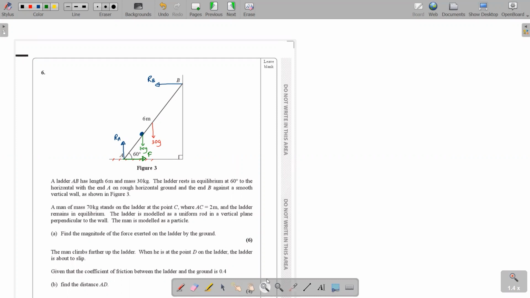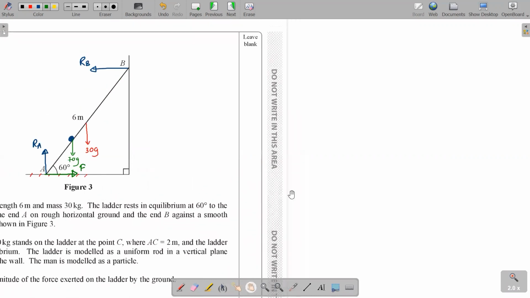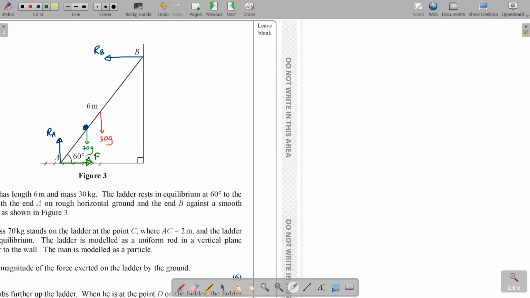So what's the best thing to do here? Rather than going for up equal down, left equal right, first we'll go for moments. And what's the best place to consider moments here? The best place is actually not B. You might be thinking you want to find normal reaction A, but if you take moments around B, there will be 2 unknown forces, normal reaction and the friction, which are both unknown.